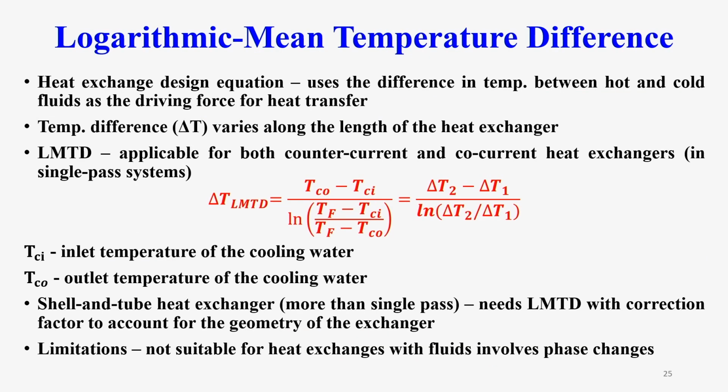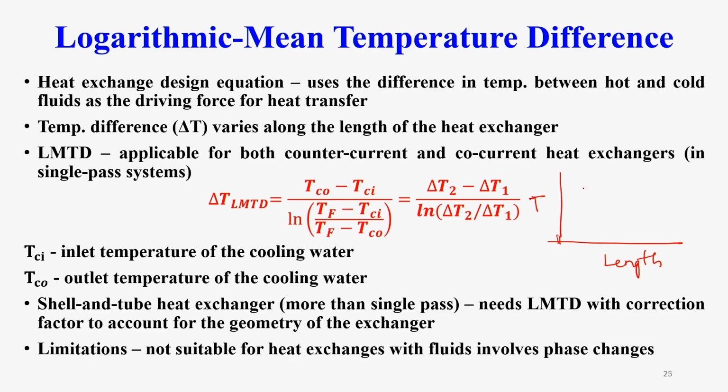Now, when we are particularly talking of heat exchange between the cold fluid and hot fluid, let us say I will draw the length of a pipe where heat transfer takes place, and this is temperature.